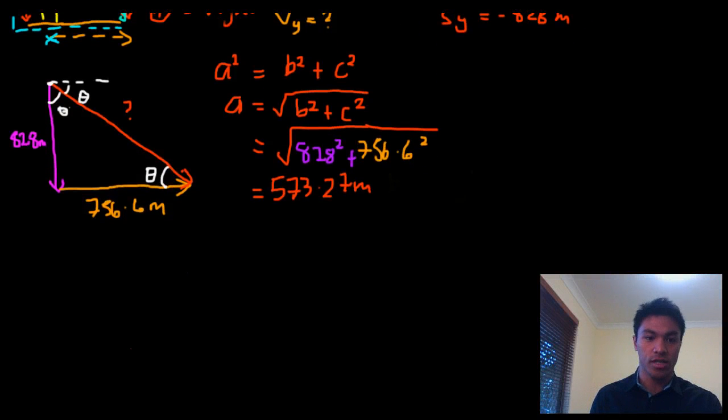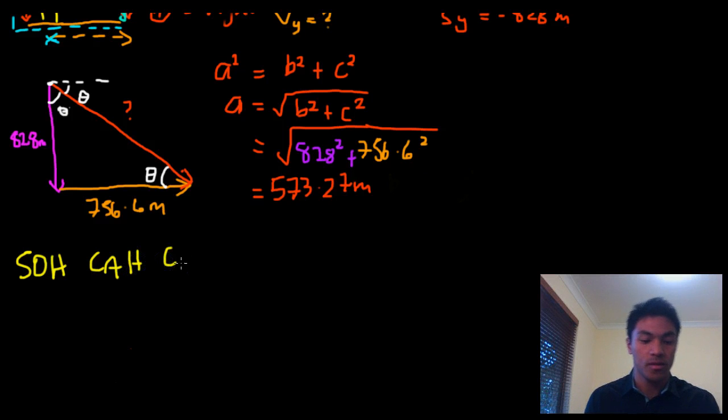We can figure that out using our trig functions. Just to remind you guys, it's SOH CAH TOA. We can use any of these trig functions because we have all three of our sides now. So for now, let's use the original data in order to figure out the actual angle.